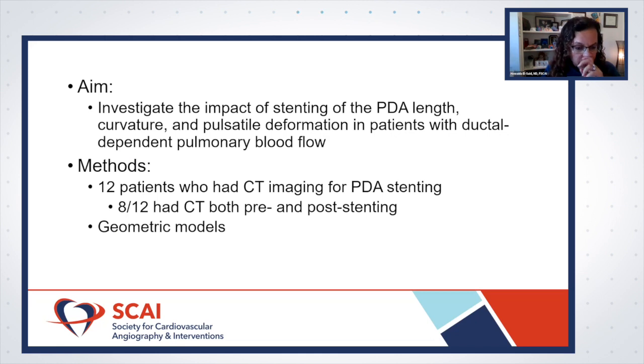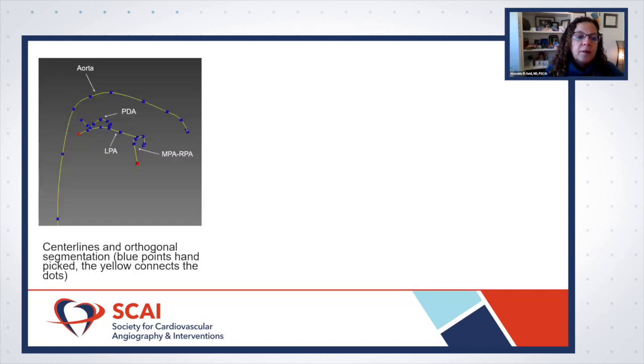This is in collaboration with the engineering group at Stanford, and they did these geometric models. So I'm going to explain those pretty quickly for us non-engineers, because it took me a while to understand exactly what they were doing. But basically, they start with drawing a center line and orthogonal segmentation.